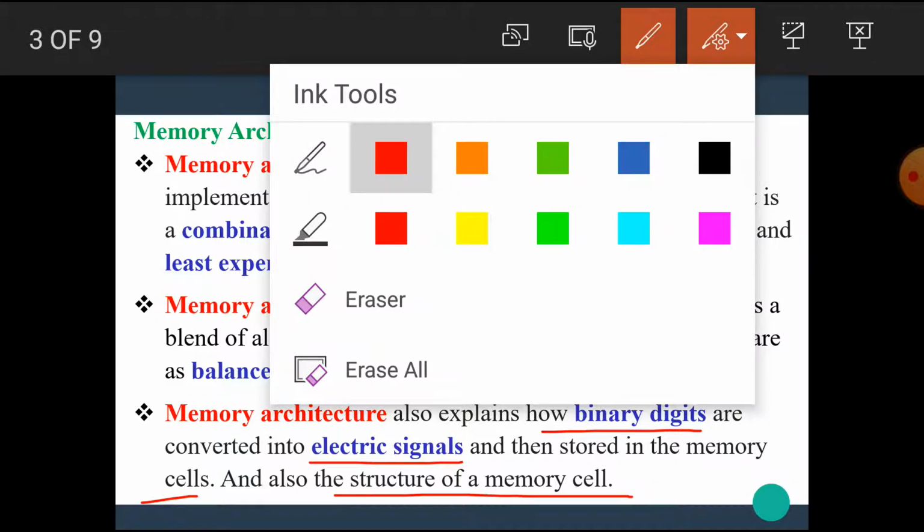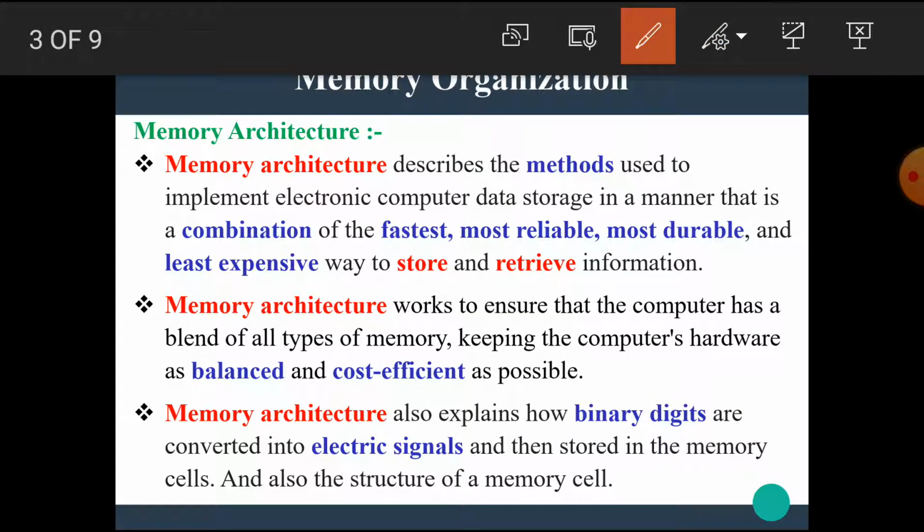We know that the memory stores binary values, and these values are in the form of electrical signals like voltage or current. These values are stored in electronic devices like flip-flops. The memory architecture also describes the structure of the memory cell.